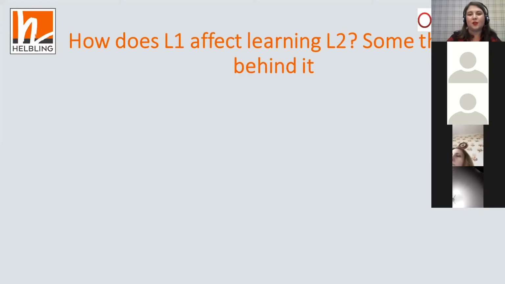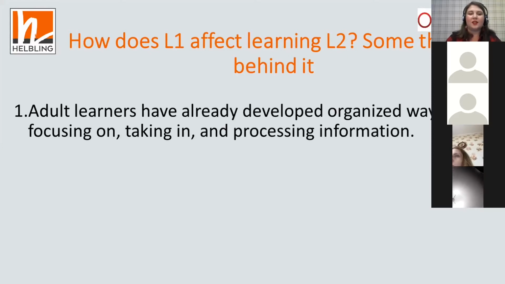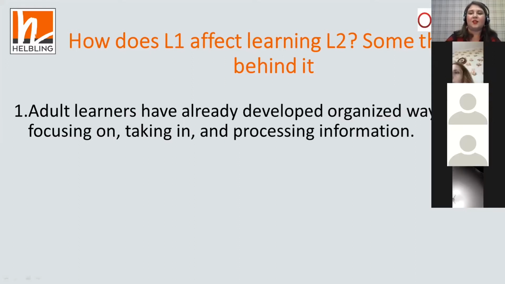The first factor is that when we deal with adult learners and also teenagers, when we become more cognitively mature, then they have already developed their strategies and their organized ways helping them focus on taking in and processing information.